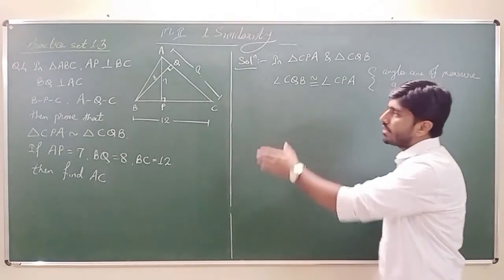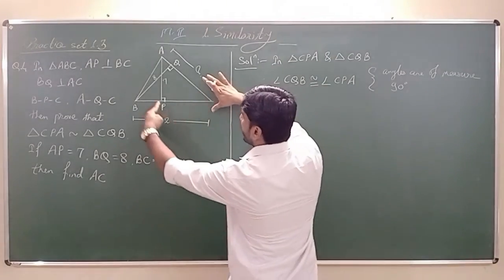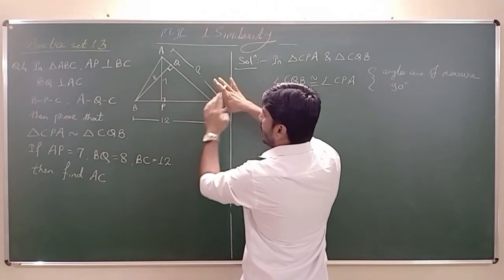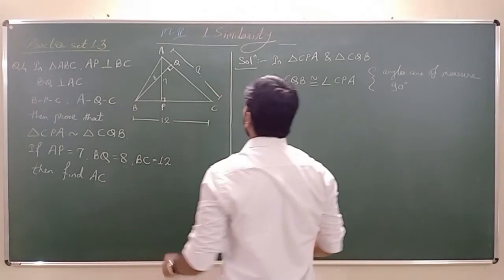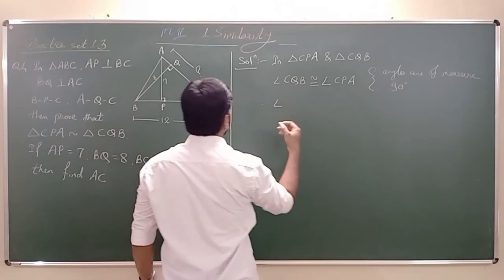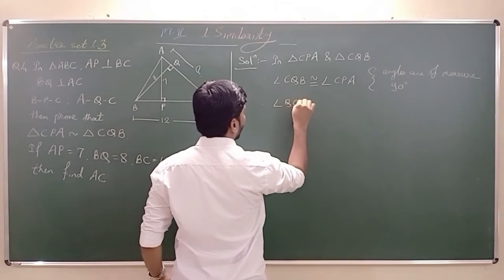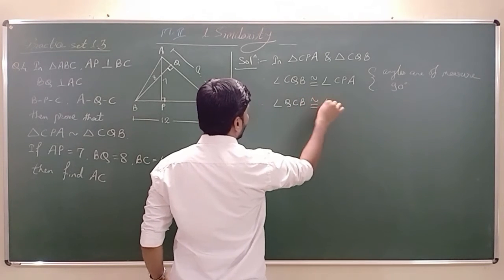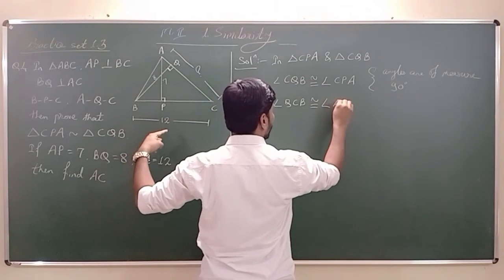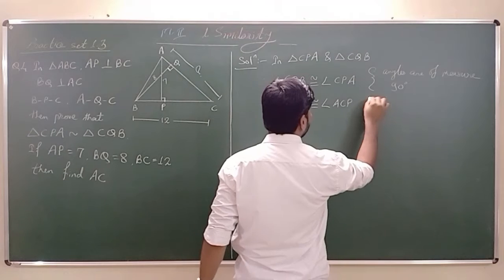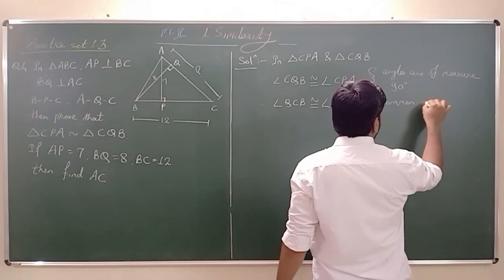We have one more angle which is congruent, which is angle C, because angle C is a part of triangle CPA, and this is the same angle which is part of triangle CQB also. Therefore, angle QCB is congruent to angle ACP, and the reason is common angle.